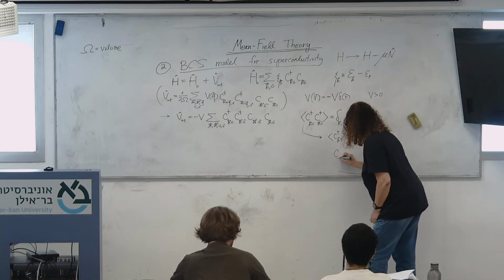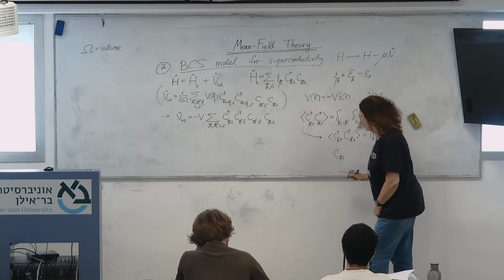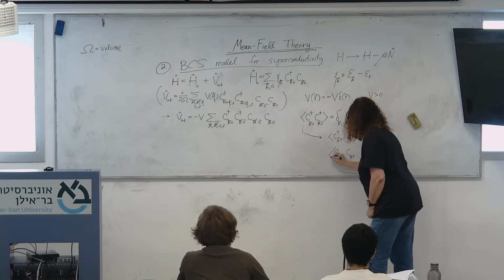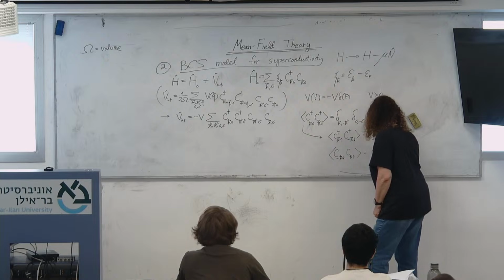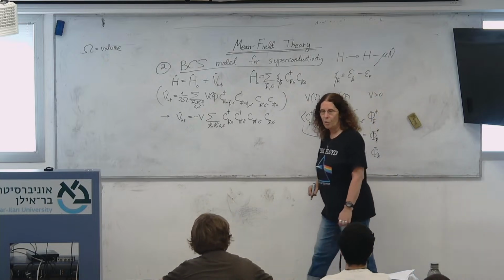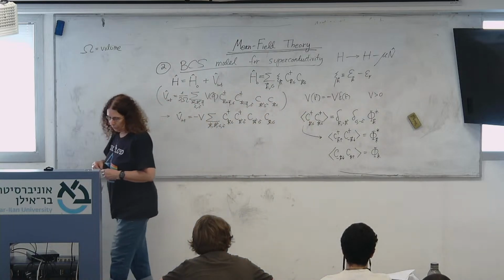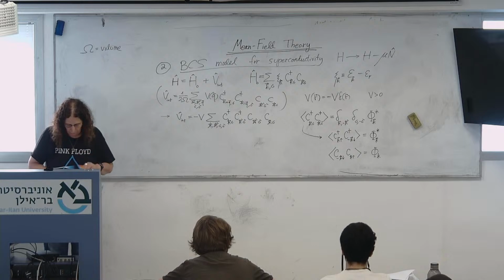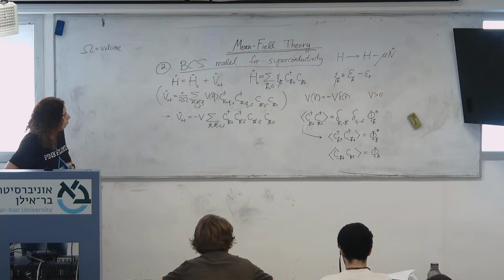It's C C, and it also reverses the order of the indices. So this is phi, because it's just a complex conjugate. Okay, excellent.